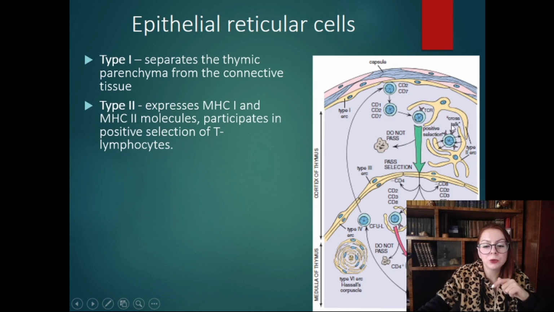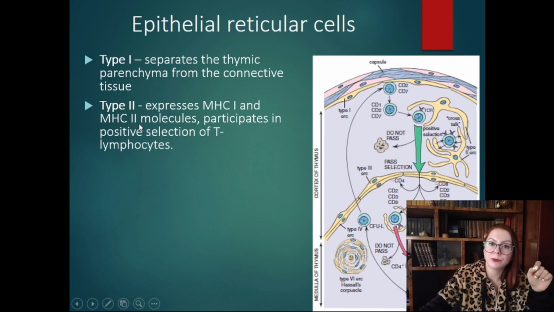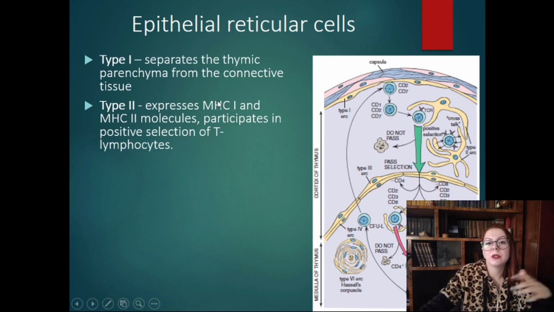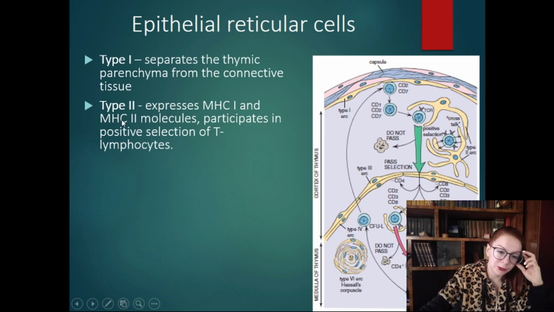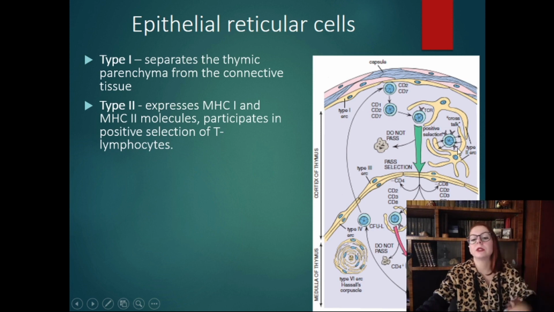After that, type 2 cells, these are the cells present in the thymic cortex, and they are unusual as they expose both MHC type 1 and type 2. So they could present their self molecules as well as molecules engulfed by phagocytosis. And those cells, they participate in the selection of T lymphocytes.